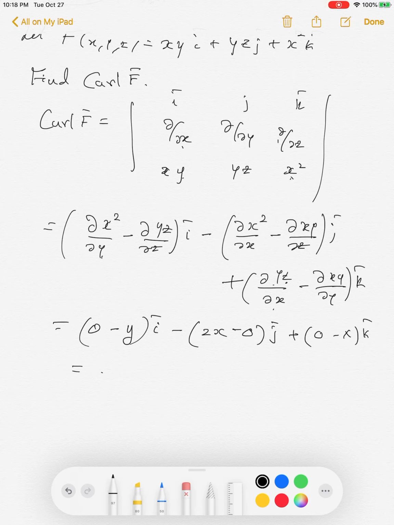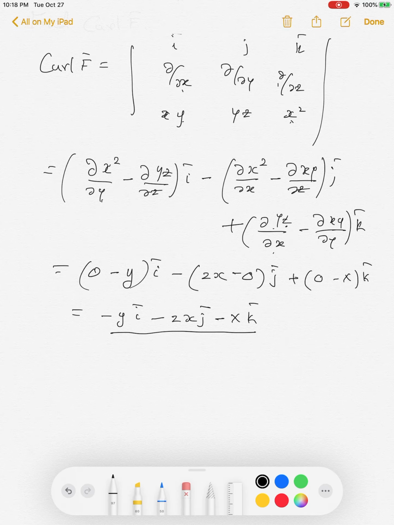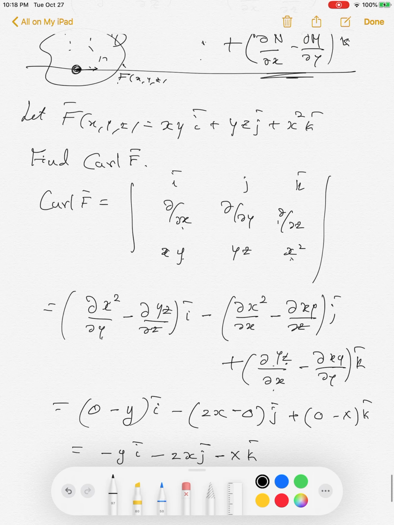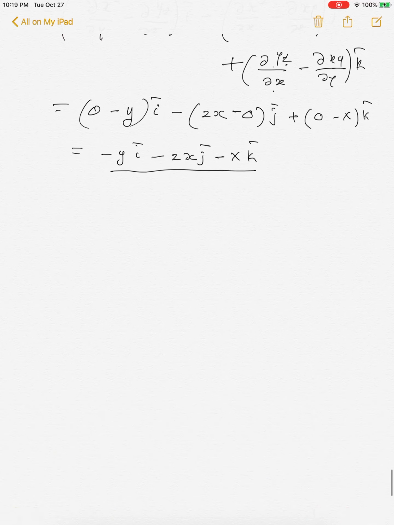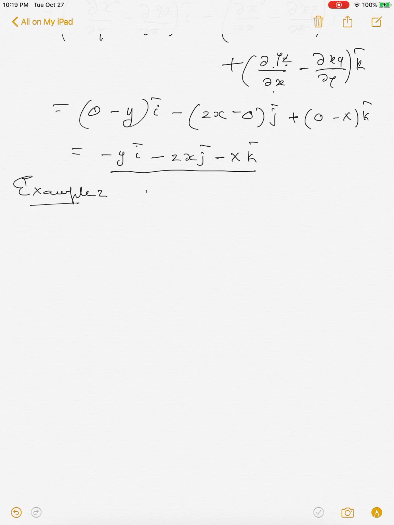And here partial of yz with respect to x is 0 and partial of xy with respect to y is x. So the answer will be minus y i bar minus 2x j bar minus x k bar. So that's the curl of the original vector field. Good. Let's do one more. So this is our example 1. So you will see what happens in the case of a two-dimensional vector field. So example 2.